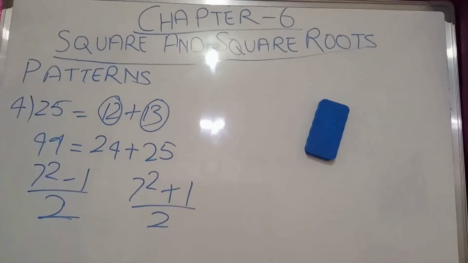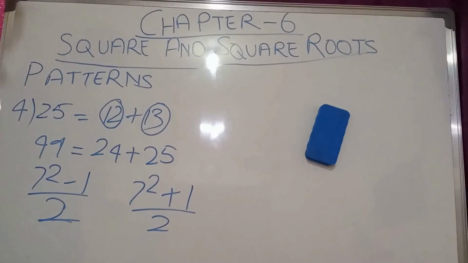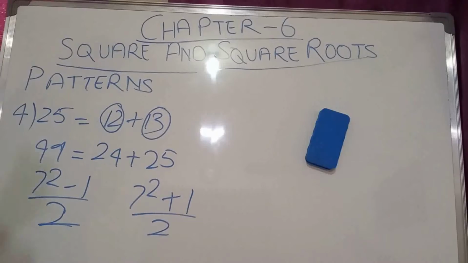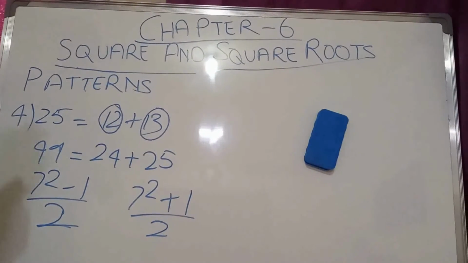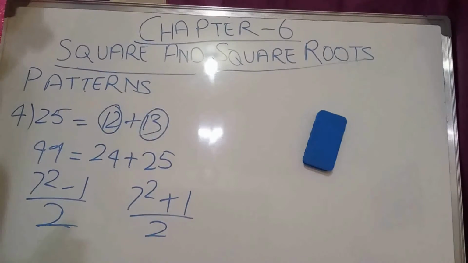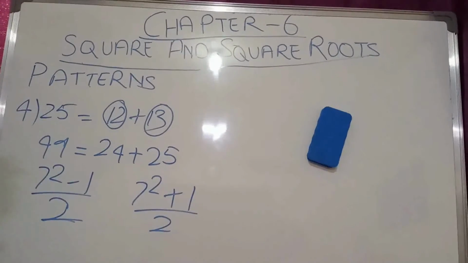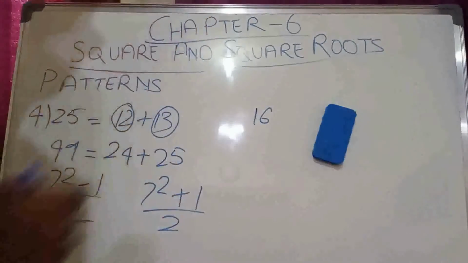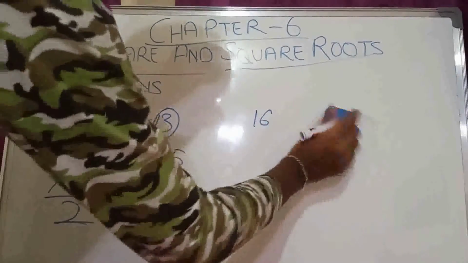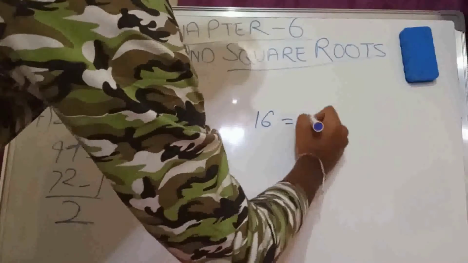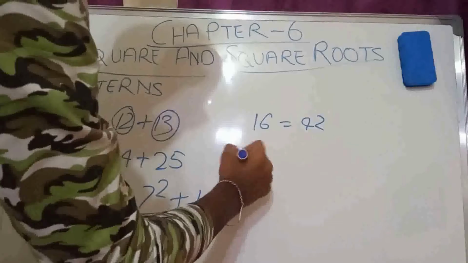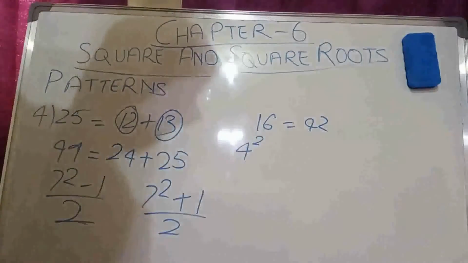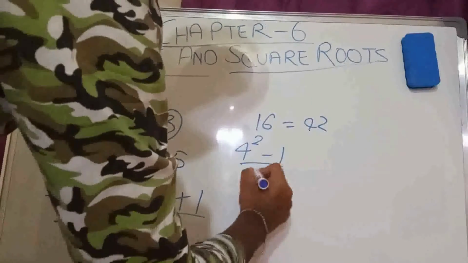But this is only possible if the square number is odd. If the square number is even, for example, if we take 16, so we know 16 equals 4 square. For the first number we need to do (4 square minus 1) by 2.